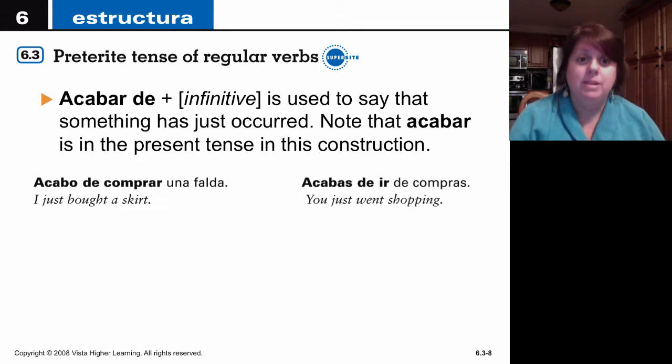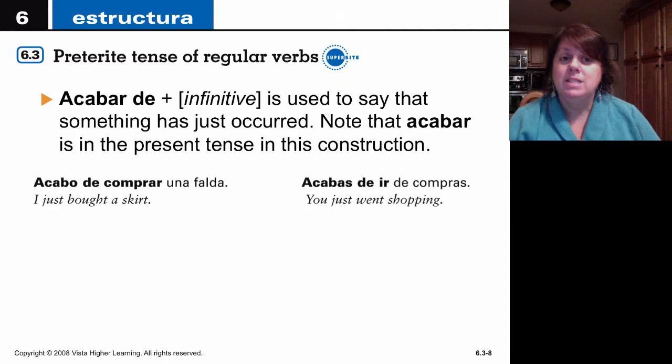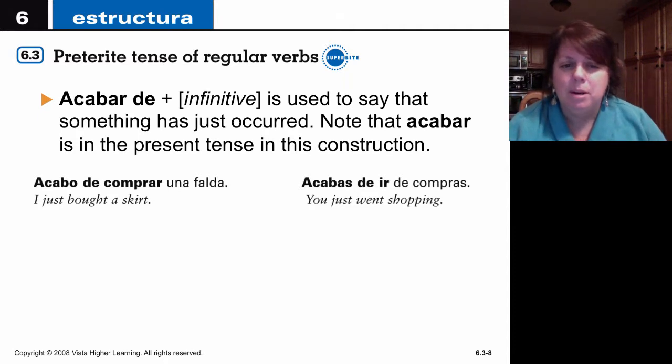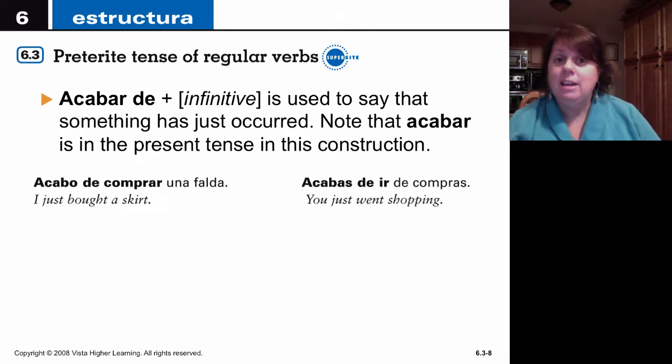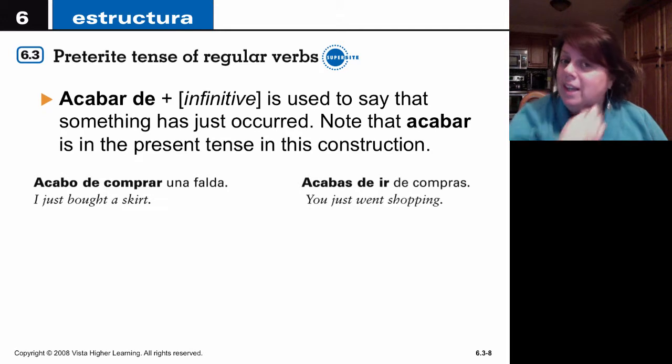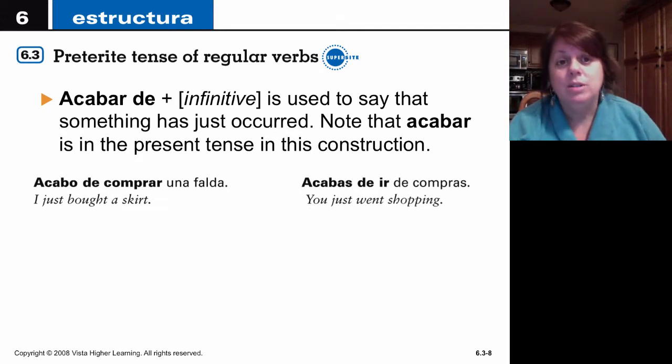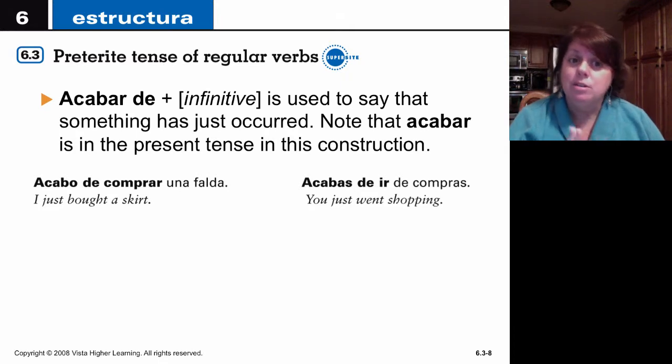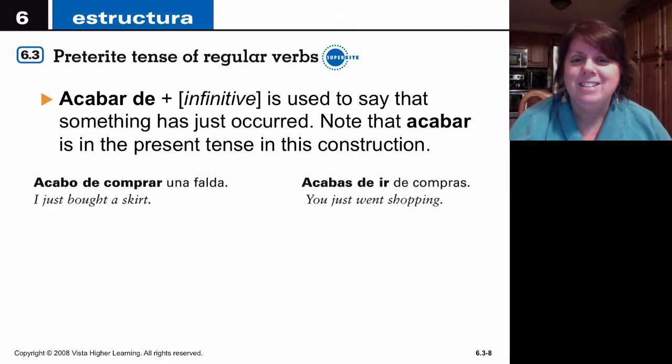So you said I bought the skirt, acabo de, and then you use the infinitive of the verb you want to say what you did just a moment ago in the past. Acabo de comprar. Acabas de ir de compras. You just went shopping. Again, it's over and done with, but you just want to emphasize that you just did it. And so instead of using the preterite, you're going to use the verb acabar de, conjugate it with whoever you're talking about, and then use the infinitive. And that'll tell you what you just did.